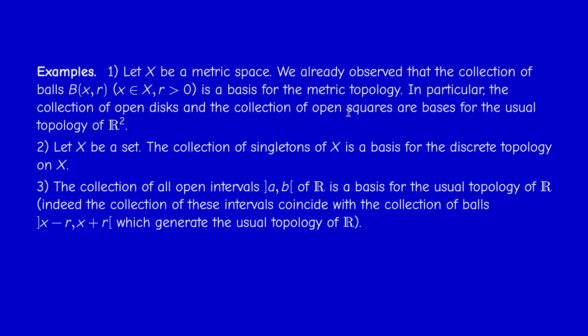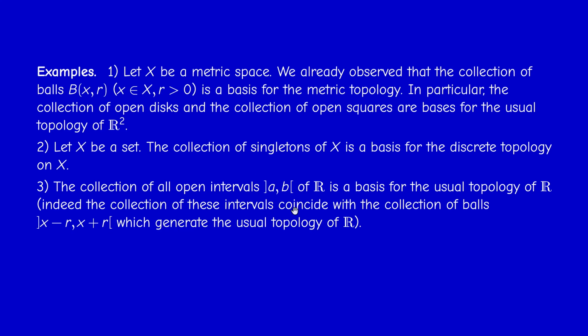Third example, the collection of all open intervals (a,b) of R is a basis for the usual topology. Why? Because an open interval (a,b) is actually a ball with center the midpoint of a and b. So if x is (a+b)/2 and r is (b-a)/2, then (a,b) is just (x-r, x+r).